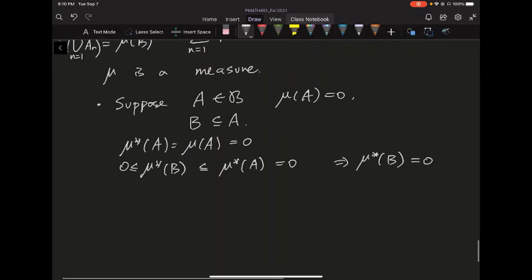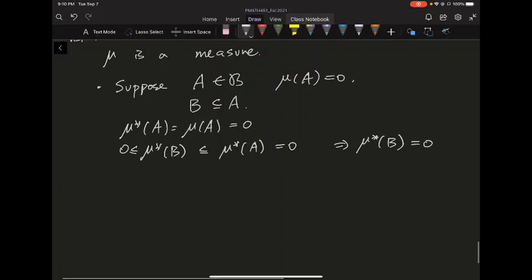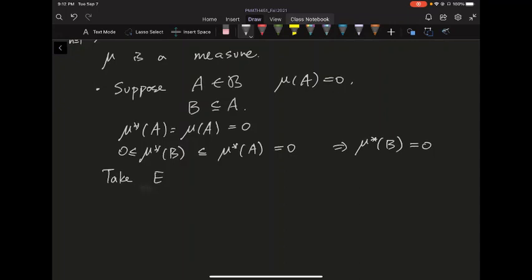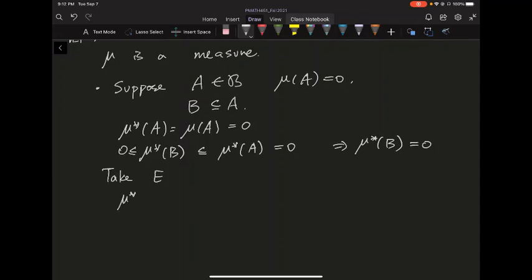Well, why is it measurable? Let's take any E. We need to compare the mu star of E with the mu star of E intersect B plus the mu star of E intersect B complement. We need to show these two are actually equal, or at least it suffices to show the left-hand side is bigger.